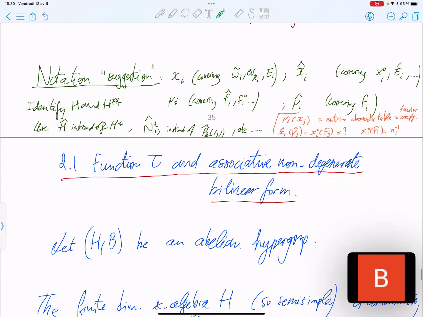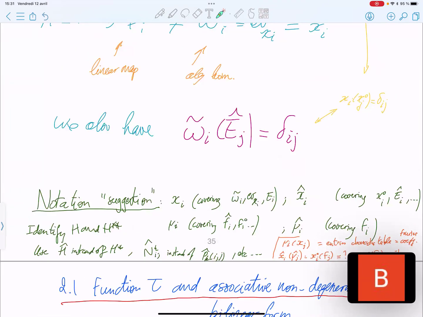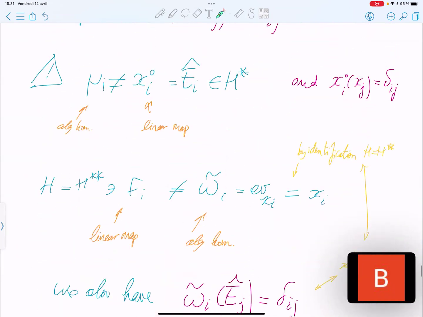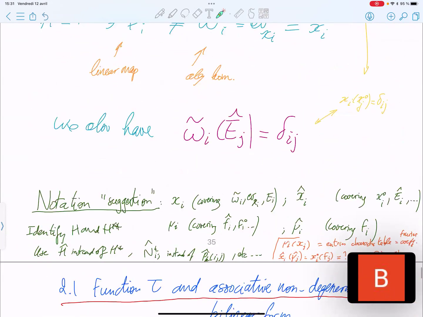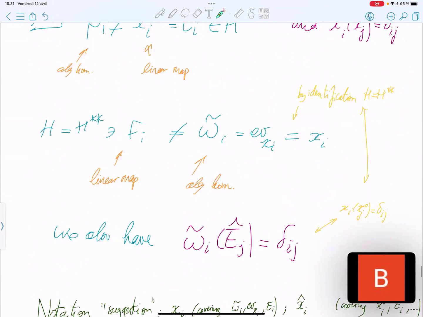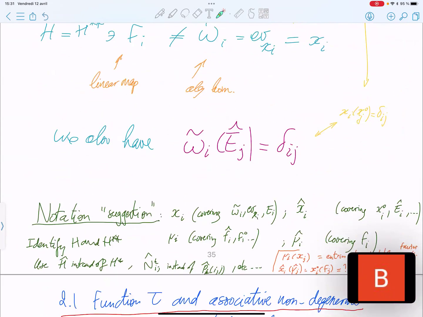So, very good. Even if the paper will not replace all the coefficients and notation by that, at least it's good to come back to this slide to understand what we are talking about, which notation.